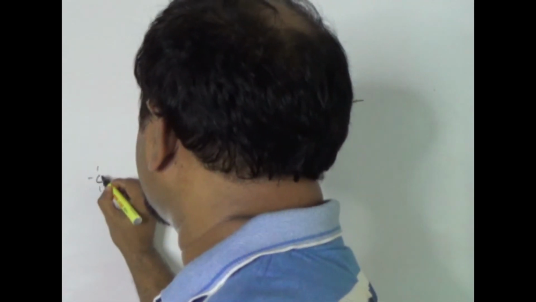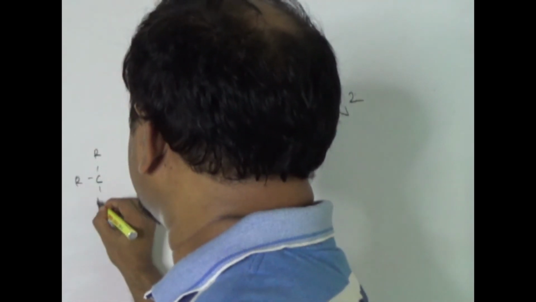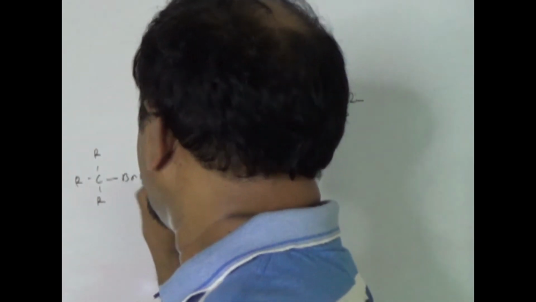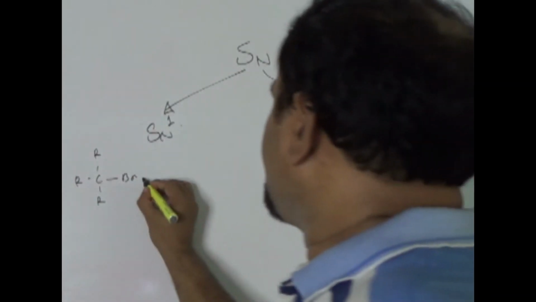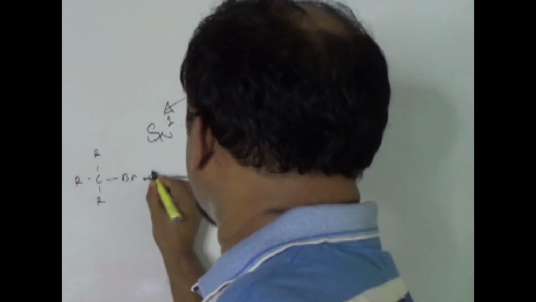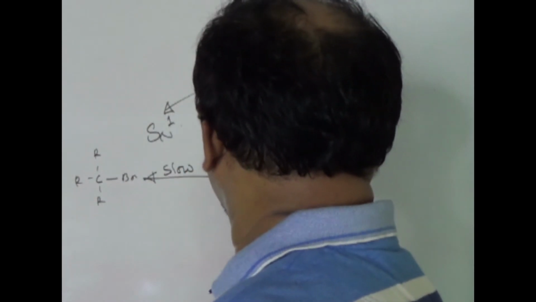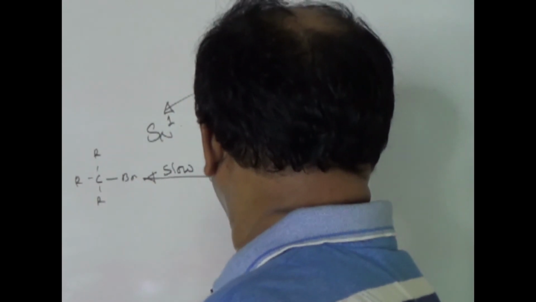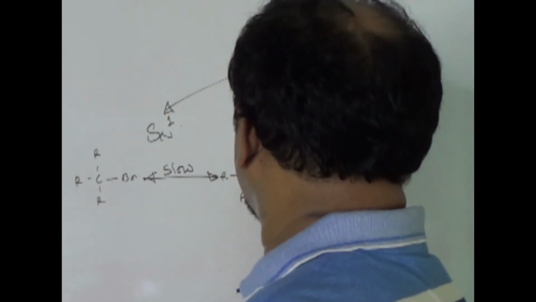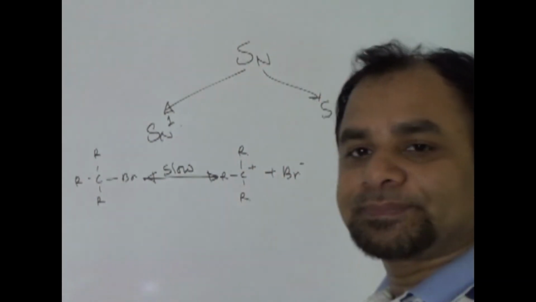This is tertiary haloalkane. This is Br we are using. It will be broken down. This is reversible reaction, the slow reaction. Here we get carbocation plus Br minus.